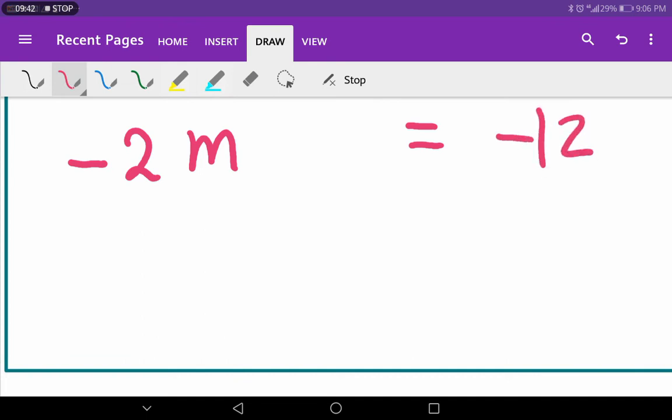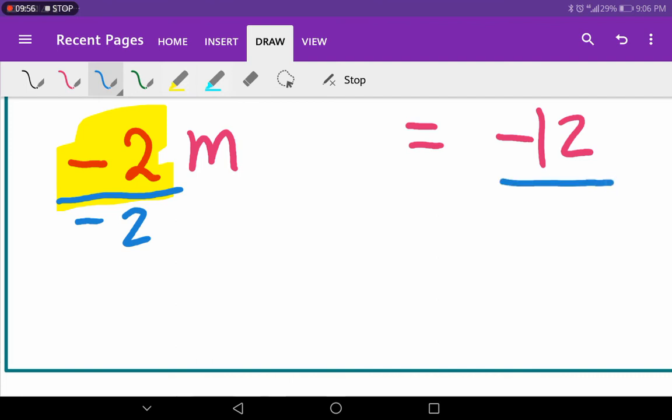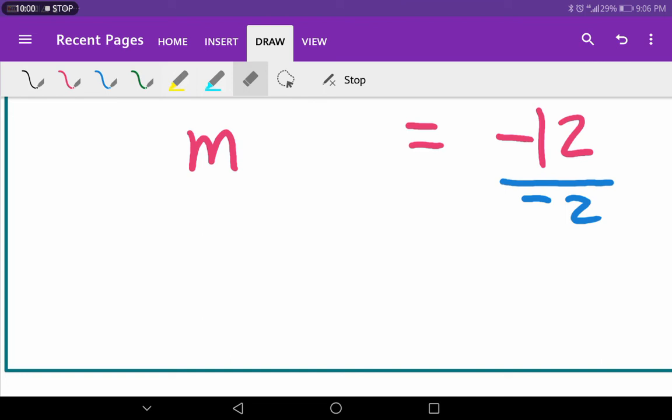Now what is the coefficient, my dear student? Tell me. Yes, it is negative 2. So directly, divide by the coefficient, whatever it is. So divide by negative 2. So this one will be eliminated, and 12 divided by 2 equals 6.